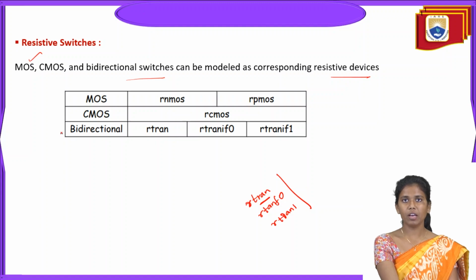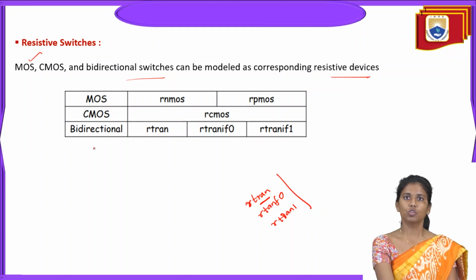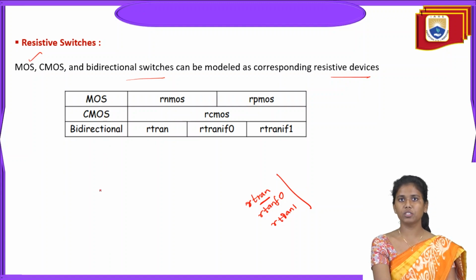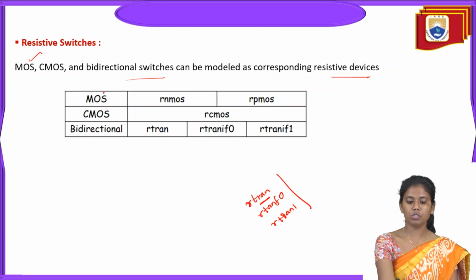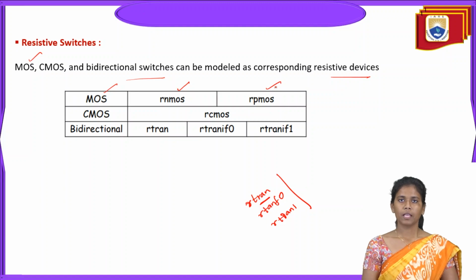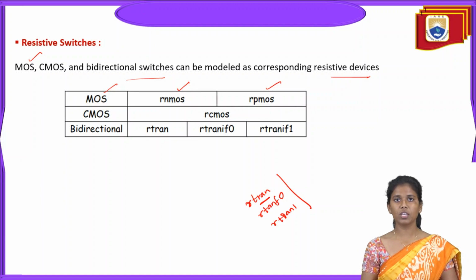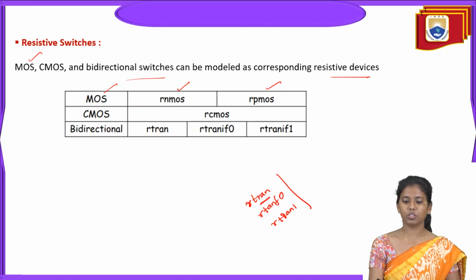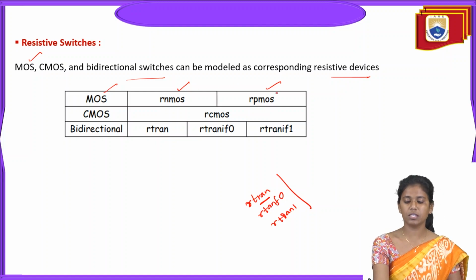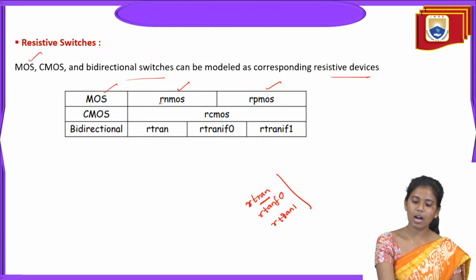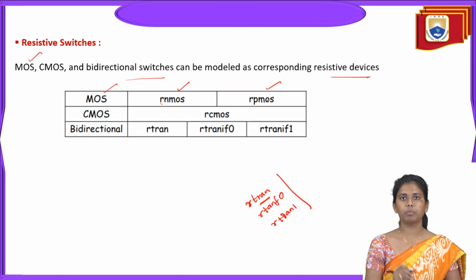If you observe this table, we see the MOS, CMOS and bidirectional switches. For the MOS switches, we have RNMOS and RPMOS. These MOS switches are the resistive switches, and the representation goes with respect to NMOS and PMOS as R, that is, resistive NMOS and resistive PMOS.